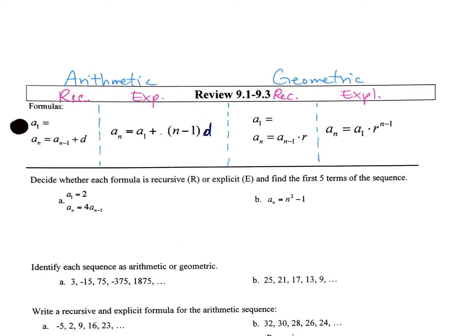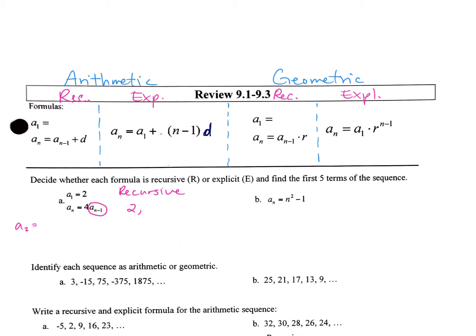Letter A, is it recursive or explicit? That is recursive. Okay, so with a recursive formula, if we're trying to find our first 5 terms, what's our first term? 2, okay, so our first term is gonna be 2. How do you find your second term? A sub 2 is what? What is A sub n minus 1?